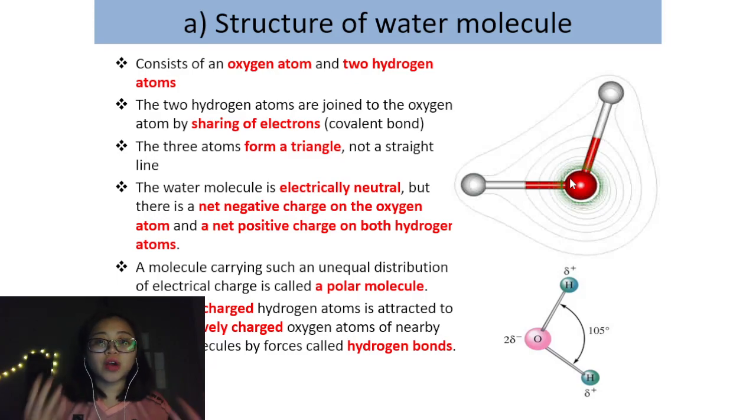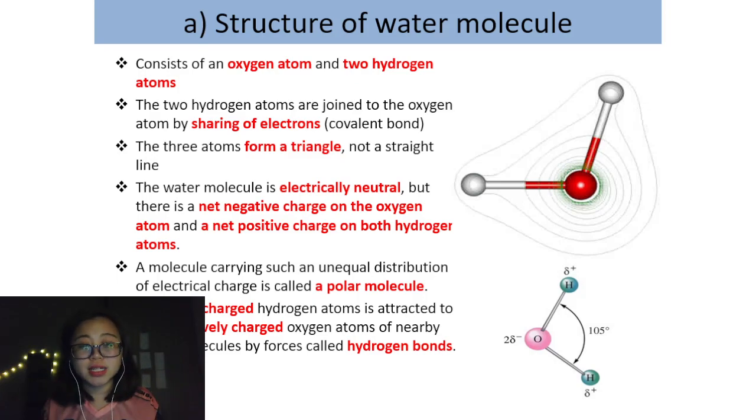So this is describing the structure of the water molecule. It's pretty much what I told you just now, just that it is in longer sentences. So what is water? It consists of oxygen, hydrogen, with covalent bonds, they form a triangle, not a straight line.